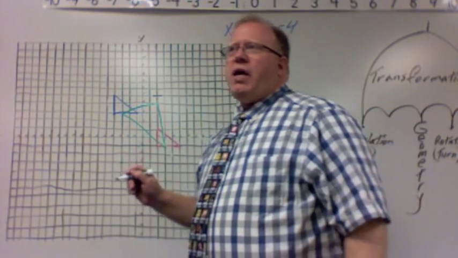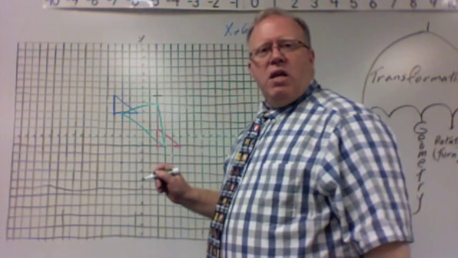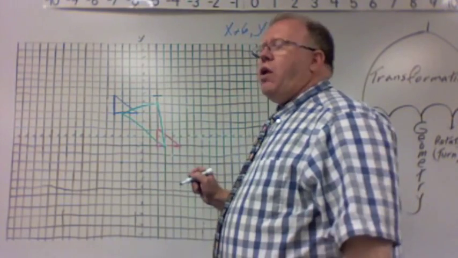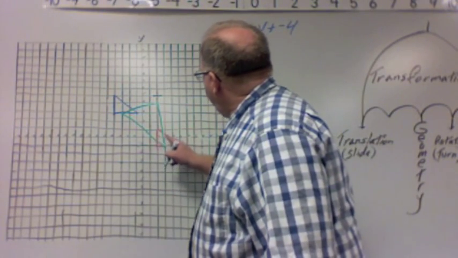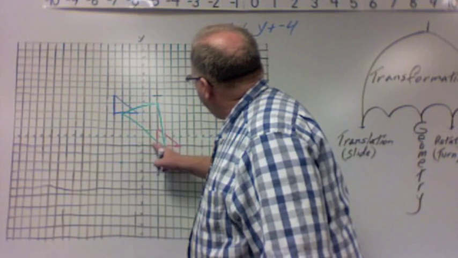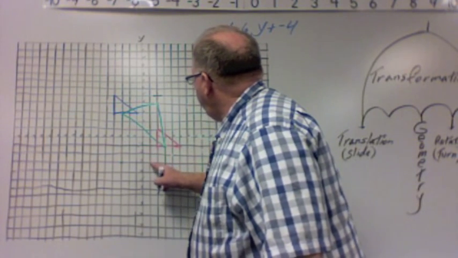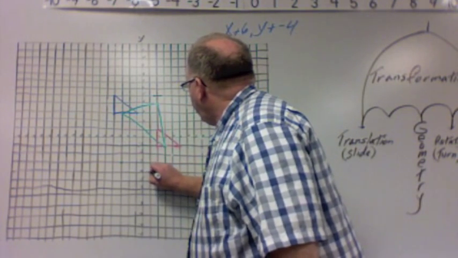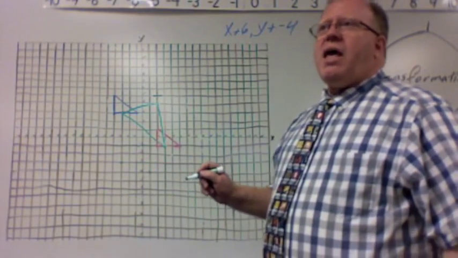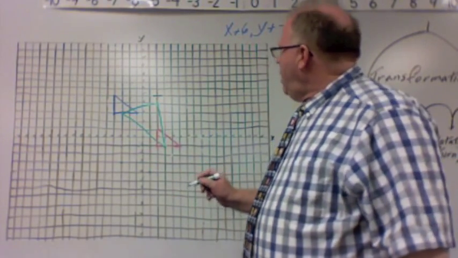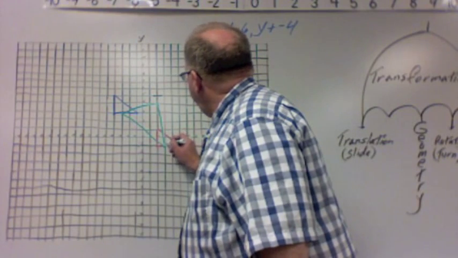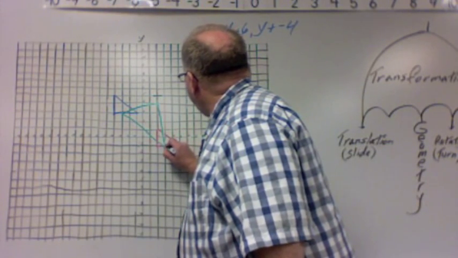And then we're going to have 1 and negative 4. So 1, right there, and negative 4, going to go right there. And then we have 3 right over, and negative 1, which is, oh, look at that, same spot.